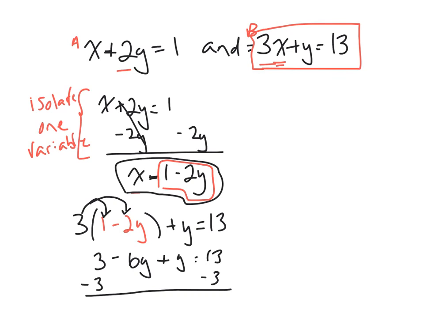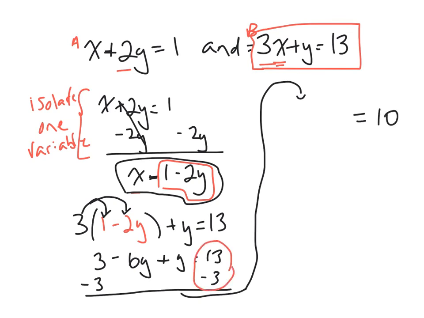I don't know if I'll be able to write here at the bottom. Yeah, I'm running out of room, so I'm just going to continue up way over here. So there's my equal sign. So if I first look at what's 13 minus 3, that's going to equal 10. The next thing I'll look at is what is 3 minus 3 is 0.